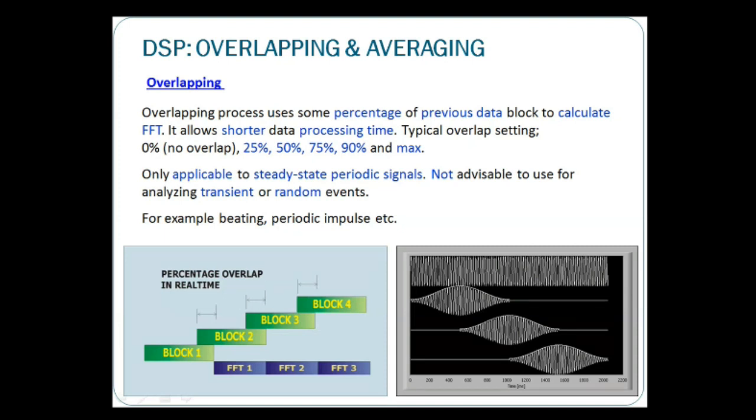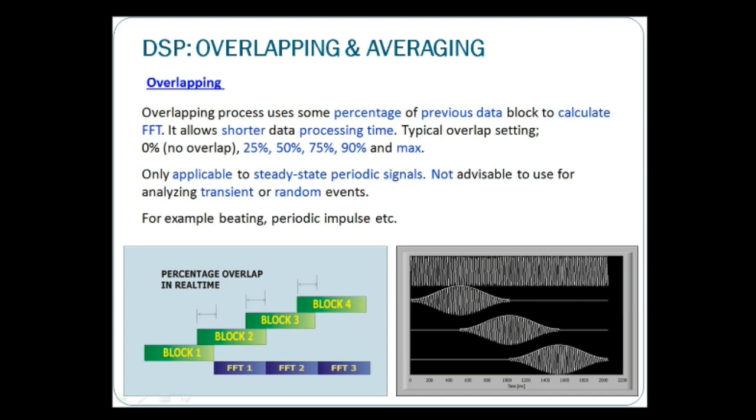Like any experiments you have learned earlier, you need to repeat the test a few times and average to make sure your result is reliable and repeatable. Similarly, you don't just take one block and stop, with that FFT as your final result. We usually take several blocks, then average them to get the averaged spectrum or FFT.